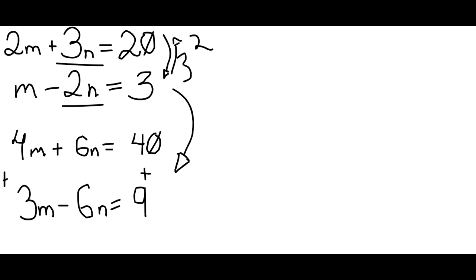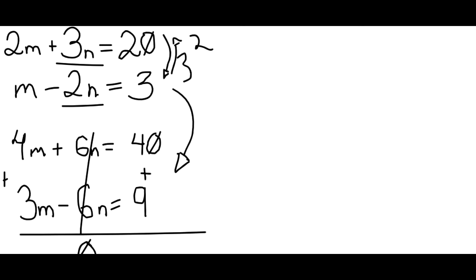And it gives us the result like this: 4m plus 6n equals 40 and 3m minus 6n equals 9. So what are we going to do with this 6? Well, we're going to discard them because plus 6 and minus 6 equals 0.